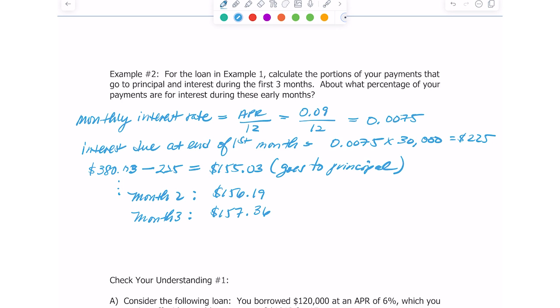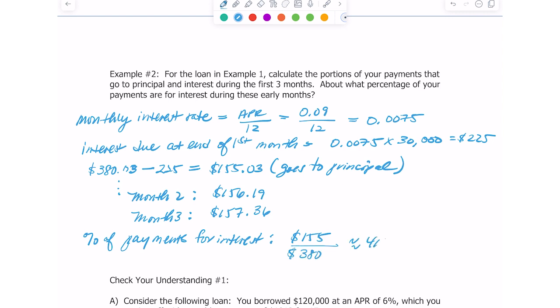So the last question asked about what percentage of your payments are for interest during these early months. So as we did in the last problem, percent of payments for interest, we're going to take the amount of interest, which is about $155, and then divide that by the monthly payment, which is about $380.